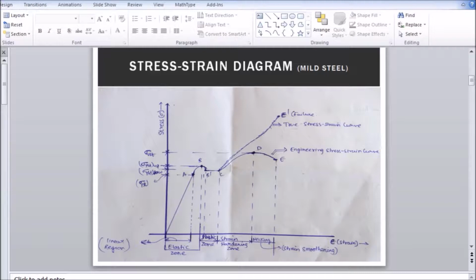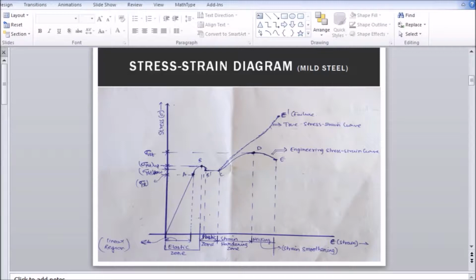Before telling you anything about stress and strain, let me start with one small example. Suppose some person is trying to push you. To avoid falling down, you will resist the applied force or applied load. Similarly, any material will also resist the externally applied load.